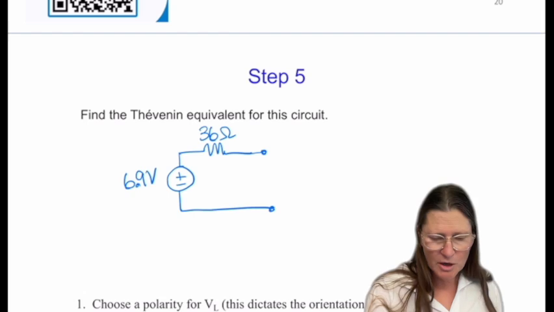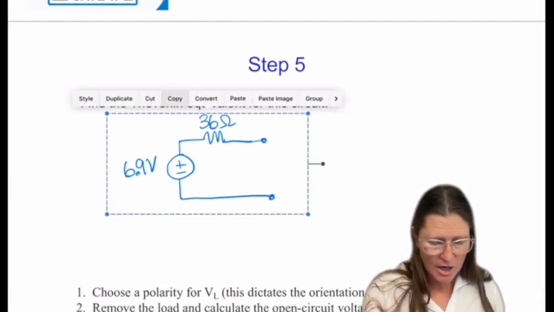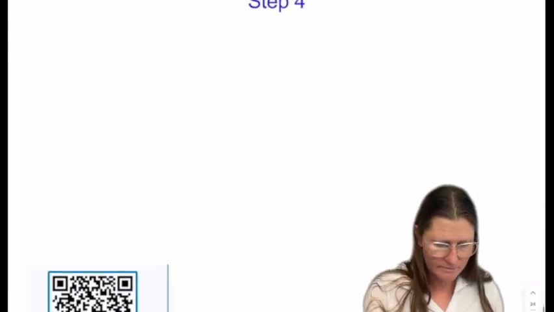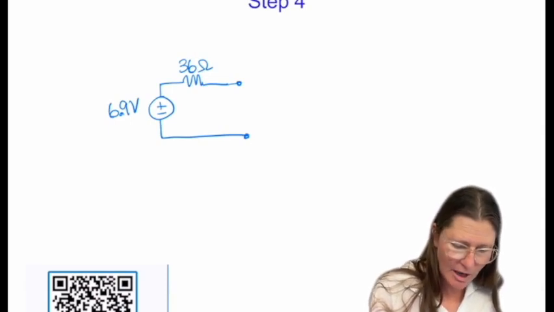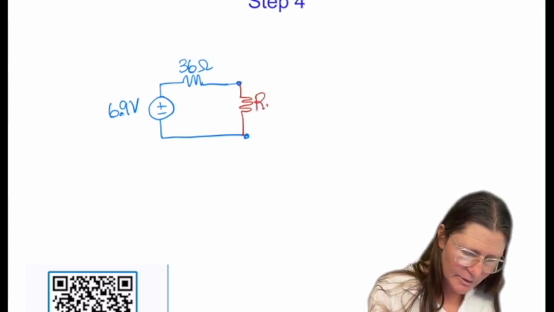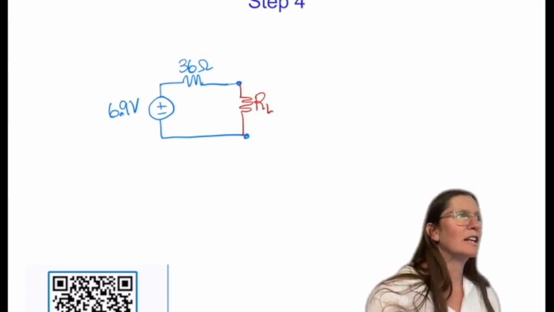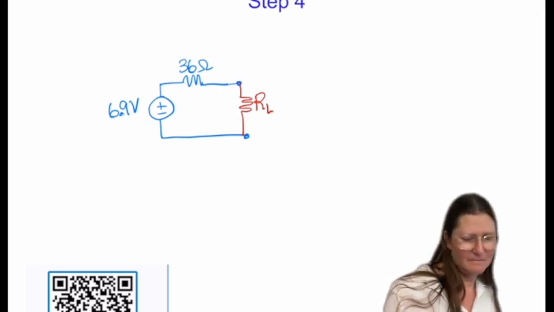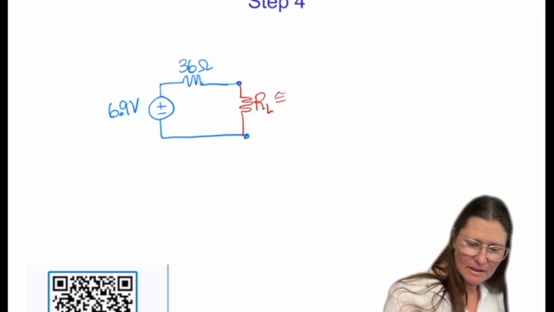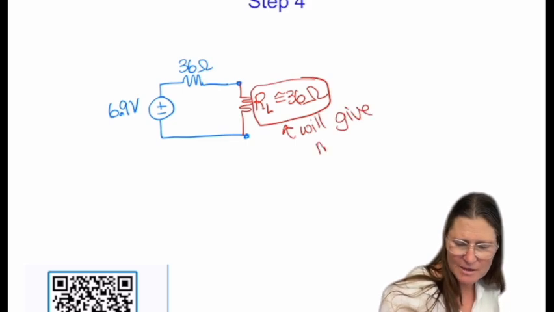Now say we want to put on a load, and we want to try and get maximum power transfer. Say we have control over that resistance RL, what value would we want to try to get it close to in order to get the maximum power transfer out of this circuit? 36 ohms? Yep. As close to 36 ohms as we can get will give us max power transfer.